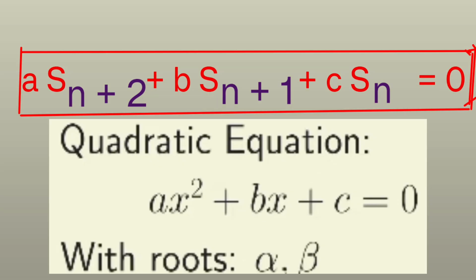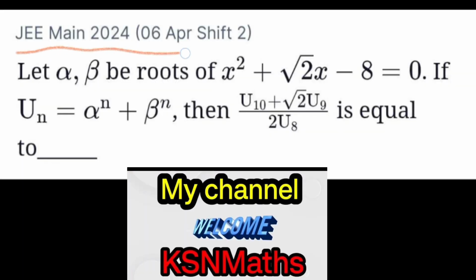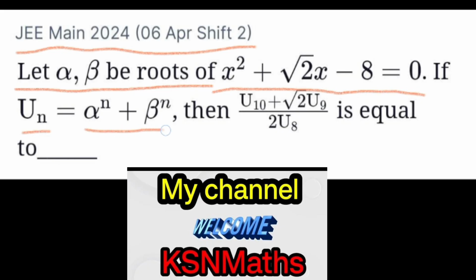JEE Maths 2024, Newton's identity, a question. Let alpha, beta be the roots of x square plus root 2 x minus 8 equal to 0. If Un is equal to alpha power n plus beta power n, then find U10 plus root 2 U9 by 2 U8.